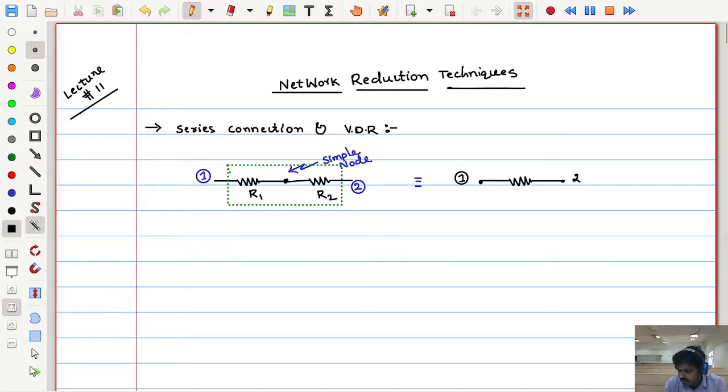So these are the nodes 1 and 2, and the value within the box is the same as R1 and R2, which is the sum of the resistors when connected in series, R1 plus R2.